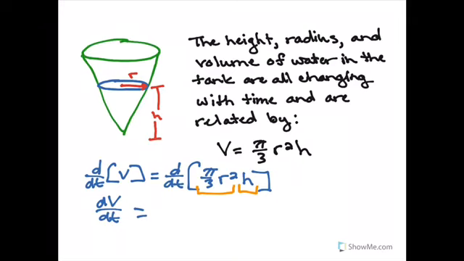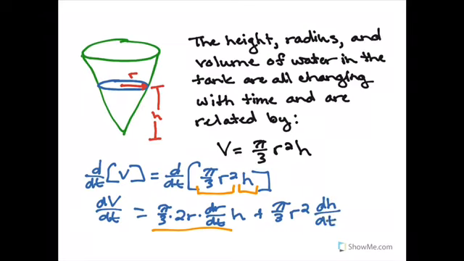So my derivative is derivative of the first, well, that's pi over 3 times 2r, and r is a function of t, so we put a dr/dt there, times the second, h, plus my first function times the derivative of the second one. h is a function of t, so its derivative is dh/dt.